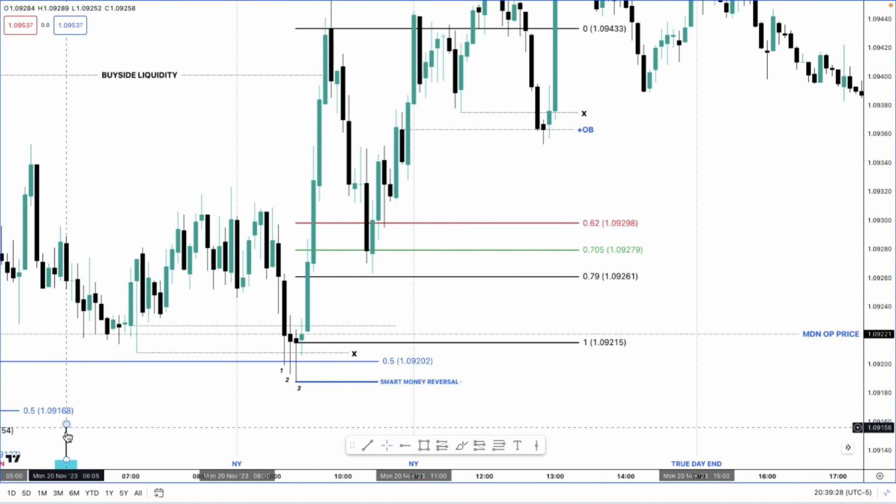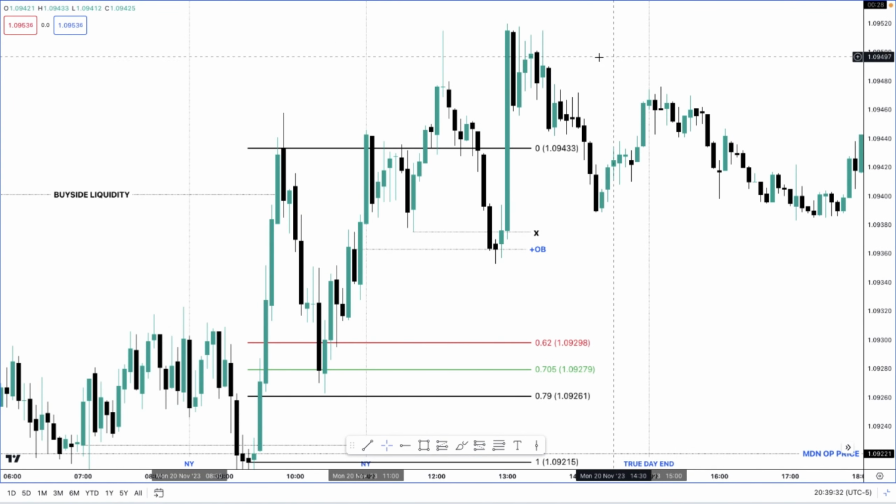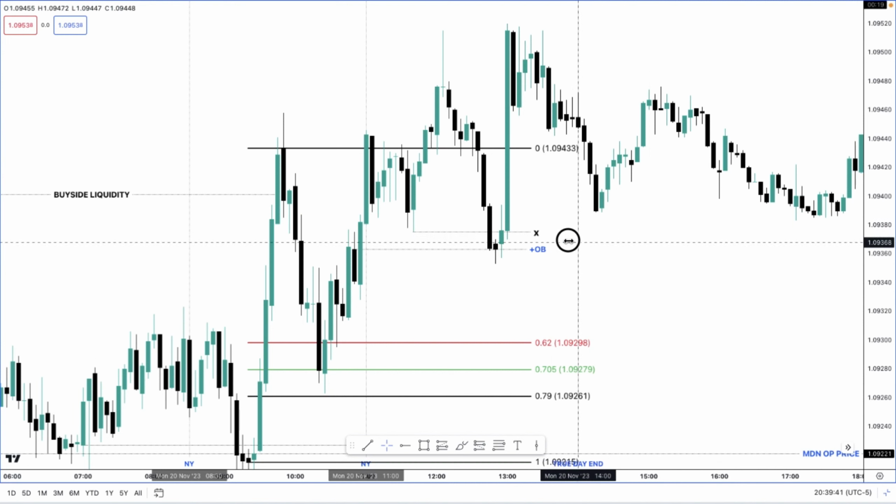And then it retraces into the close. It obviously closed there. I like to use short log as my close. Trust me, Forex pairs, they don't have a PM session.